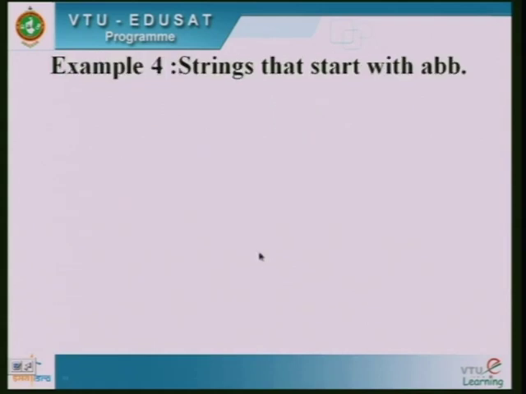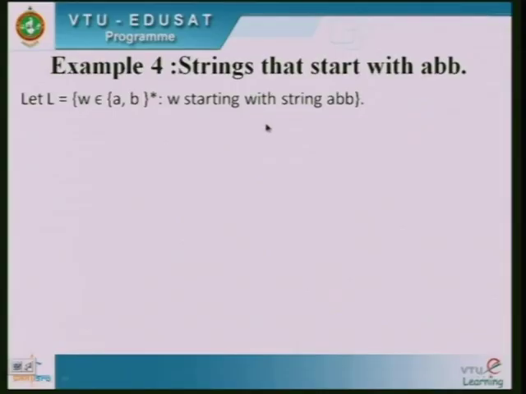Now, let us concentrate on some more examples which we have discussed in the module 1. We know how to write the strings that start with ABB. That means your language consists of strings of A and B, starting with ABB. Okay.